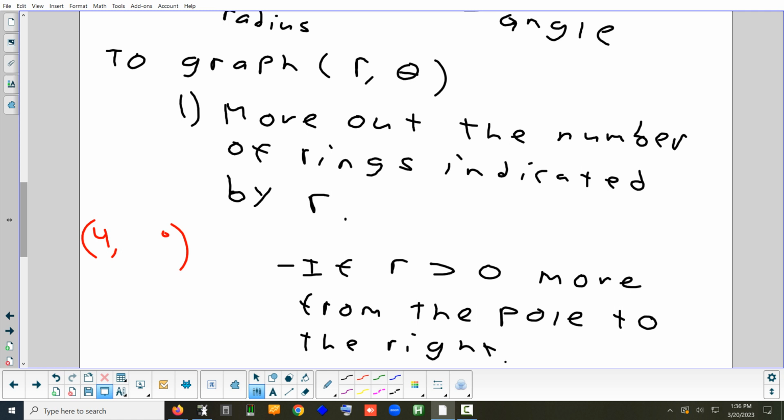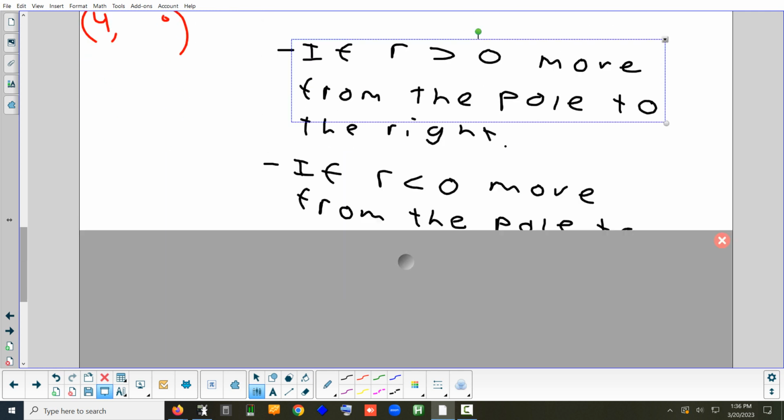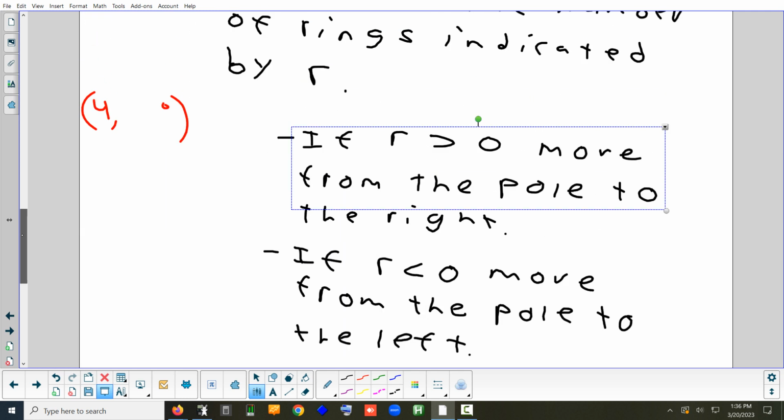What do you think you'd do if r was less than 0? You'd go to the left. Now, that's not the final answer. That's just where you're going to start from to do a rotation, either clockwise or counterclockwise. So move out the number of rings indicated by r. If it's positive, go right. If it's negative, go left.